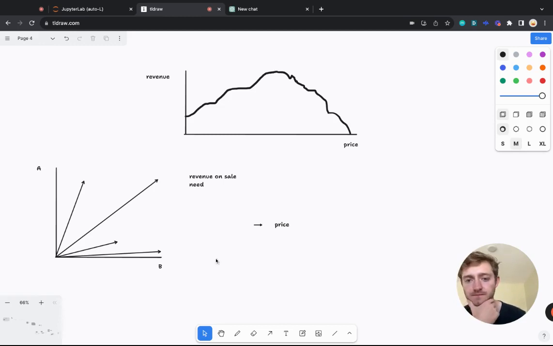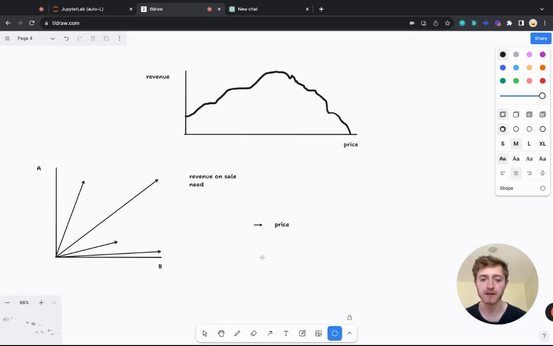In order to figure out the total revenue that should pop out the other end here, we have to figure out where to position ourselves. So let's make a little indicator for a player.